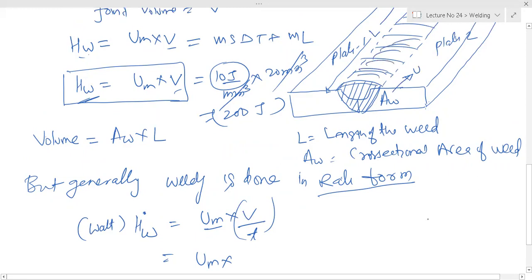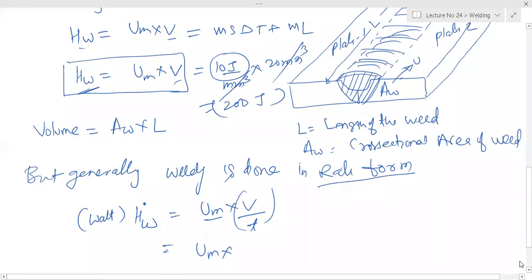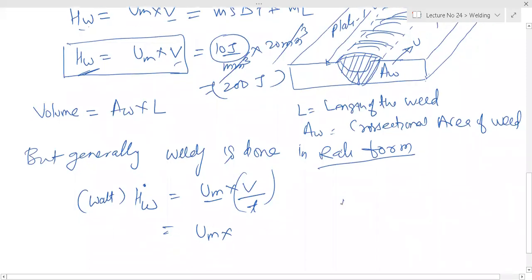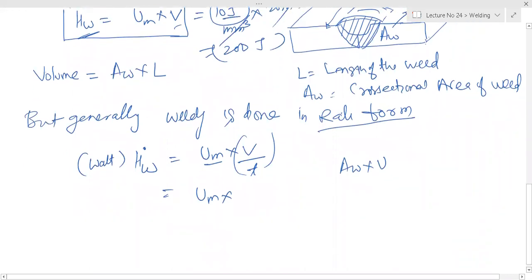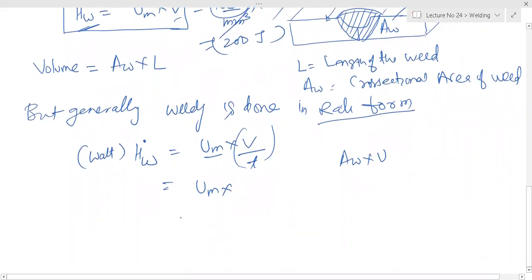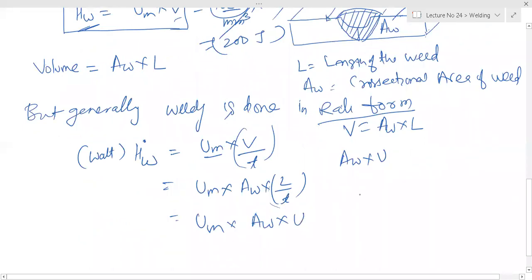Now, volume deposition rate or volume melting rate will be equal to AW into U. We can write because volume V is equal to AW into L, so this you can write UM into AW into this L by T, which is your U. That U we call welding speed.